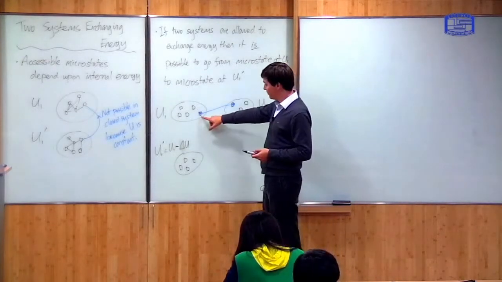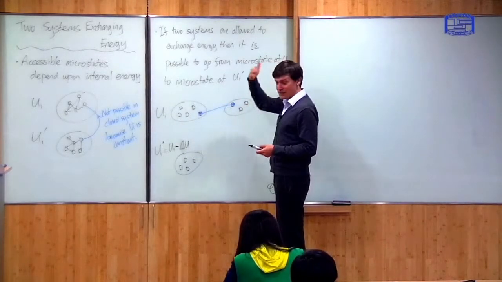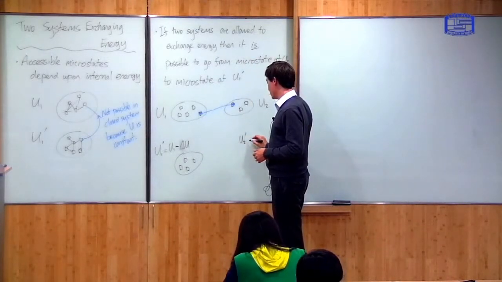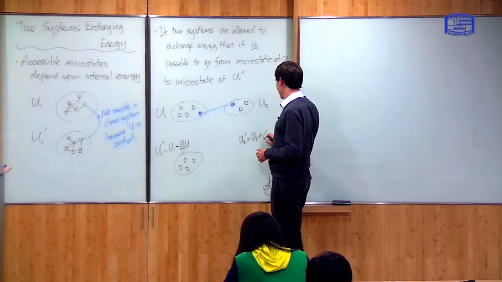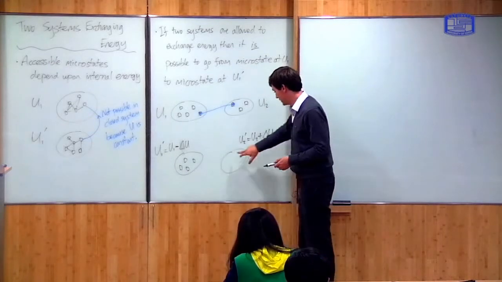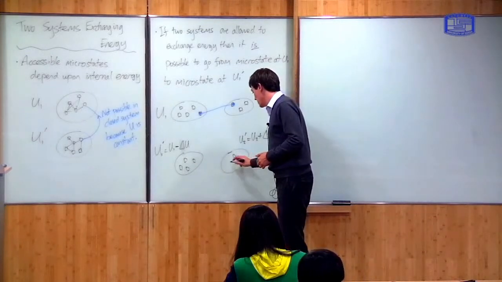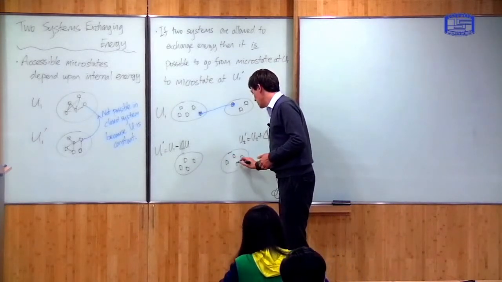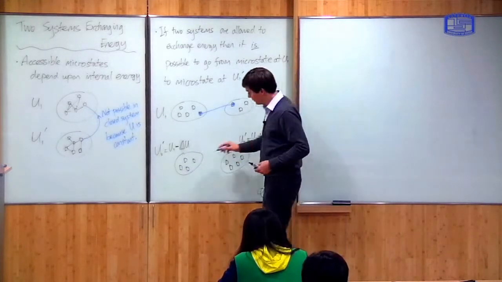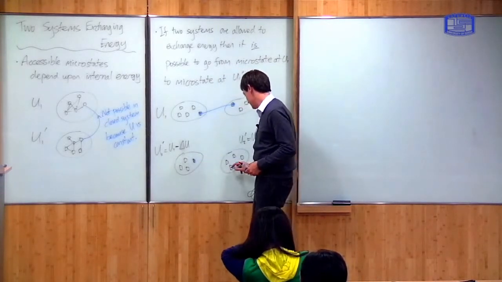Now it's possible to go from a microstate here into a microstate down here if at the same time the second system gains energy. So the second system goes into an energy U2 prime, which is U2 plus delta U. There we go. And suppose that I take this microstate here and this microstate here.